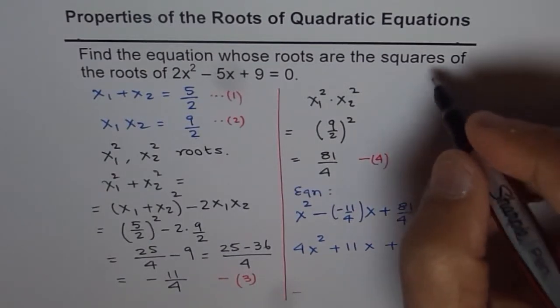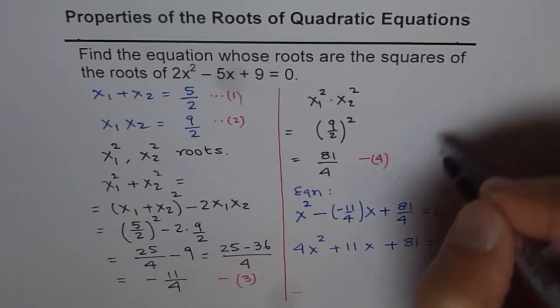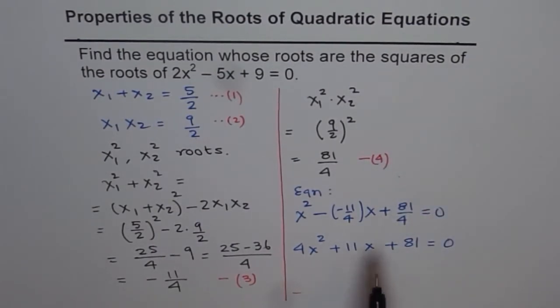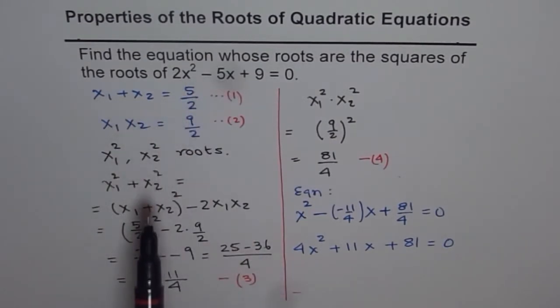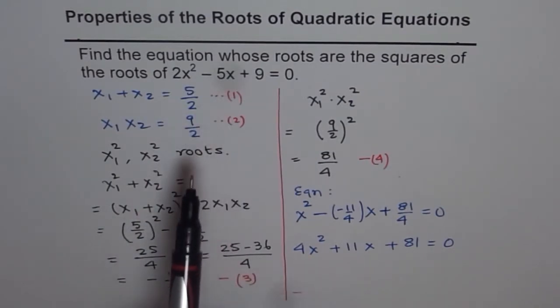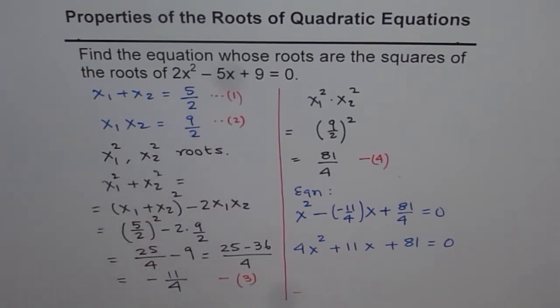I hope you understand and appreciate the strategy. So let's go through it once again. What we did was, we found the sum and product of the given equation's roots using the properties of quadratic equations, right?